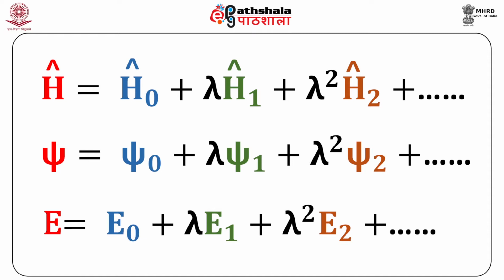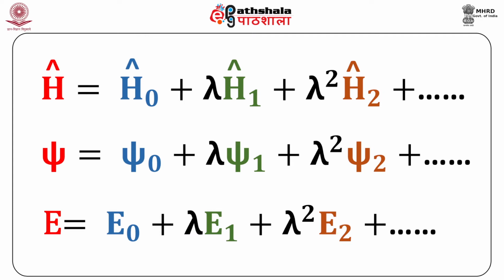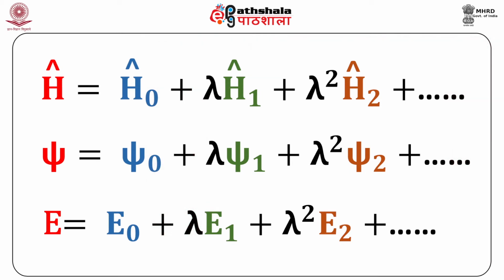In these equations, if you see carefully, the first terms, that is H0 cap, psi 0 and E0, are the first terms on the right hand side of the equation. These terms basically represent the unperturbed system, whereas the rest of the terms represent the correction terms which include perturbation effects. So this is a very important point which you must keep in mind.